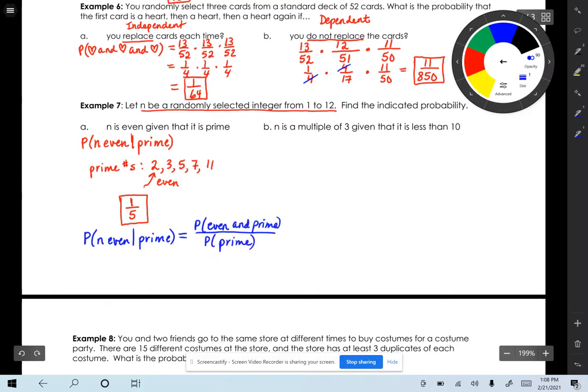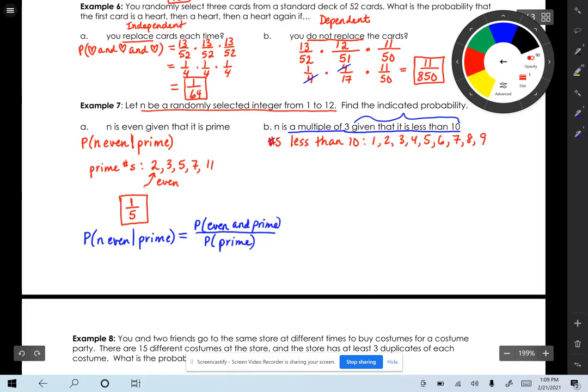All right. Next one, probability that n is a multiple of 3 given that it is less than 10. So we want to find all the numbers that are less than 10. They are 1, 2, 3, 4, 5, 6, 7, 8, 9.